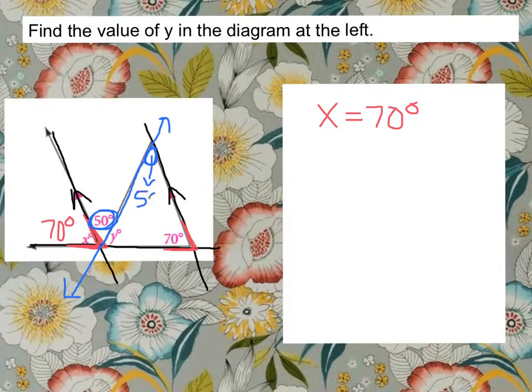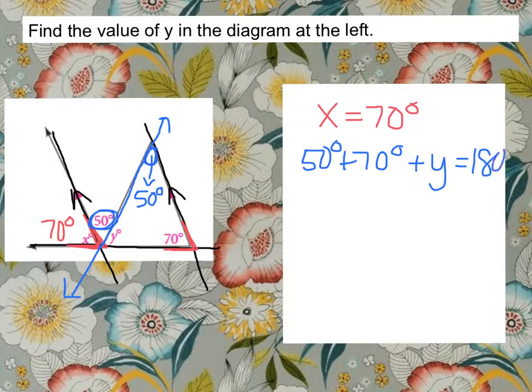So this is also going to be 50 degrees. And we know that if you add 50 plus 70 degrees in a triangle plus a y, that's going to equal 180 degrees. So now it can help us find our y. If we add these two together and subtract them from 180, we'll get y to equal 60 degrees.